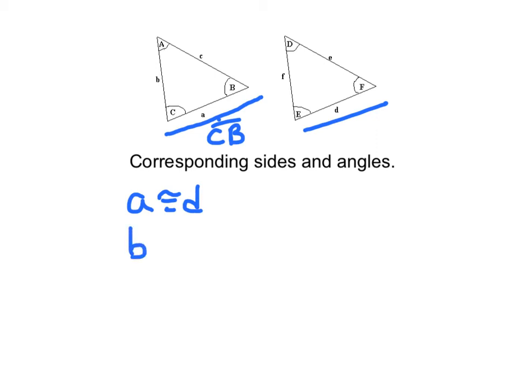Side B corresponds to F. They're congruent. And then side C and side E correspond to one another.